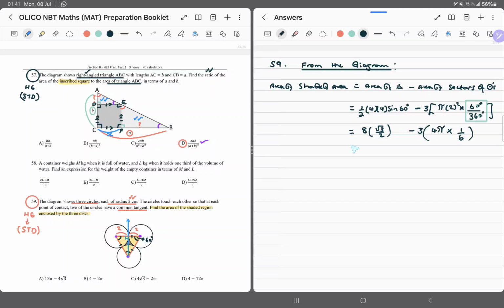Interesting. I am telling you. So again, here 2 goes once, goes 4 times. So we get 4 root 3 minus. Now this is 3 into, we have not finished here. 2 goes how many times? 2 goes 3 times, goes 2 times.